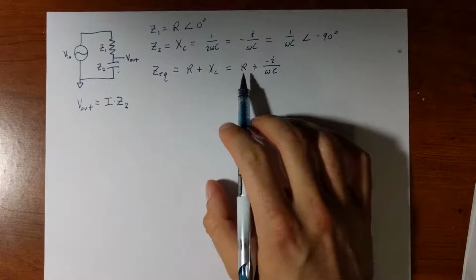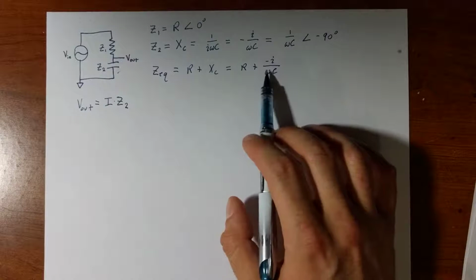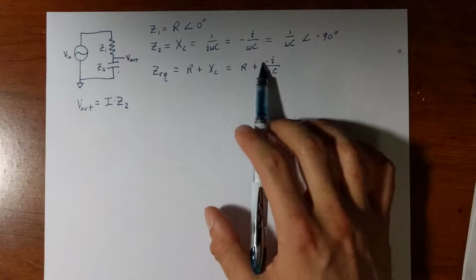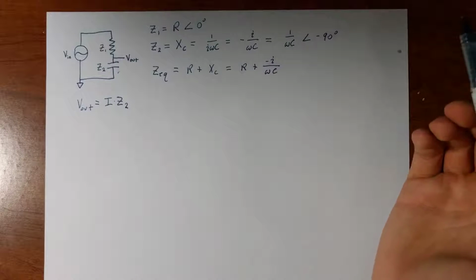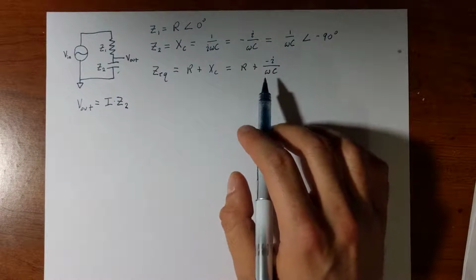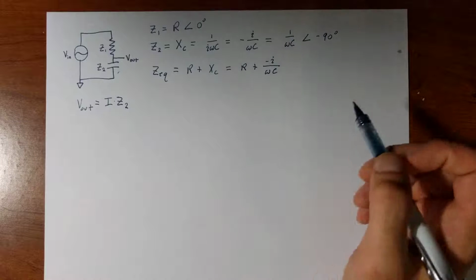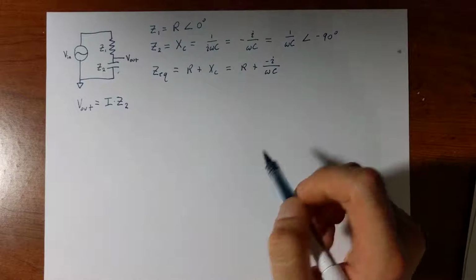And if I look at this, if I think about adding vectors together, we could think of this as being in the x direction. This part is in the y direction, the negative y direction. I can't just directly add vectors like that. So when I'm adding together vectors, I find the magnitude by doing the Pythagorean theorem, and I find the angle by doing inverse tangent. So I'm going to do a similar thing here.